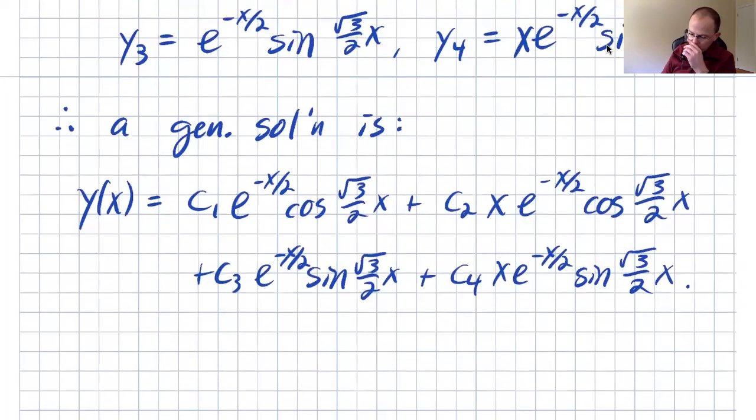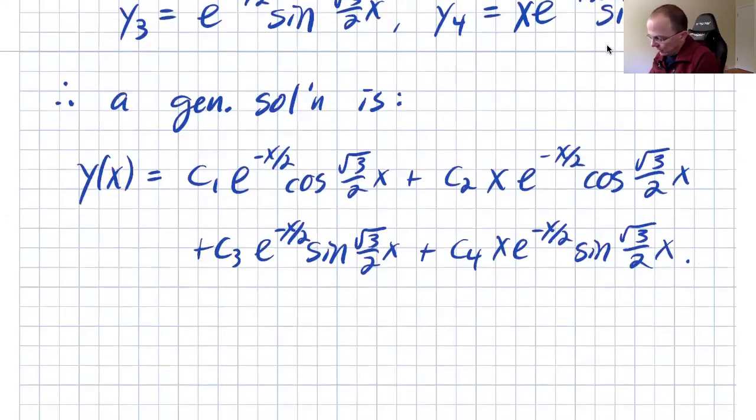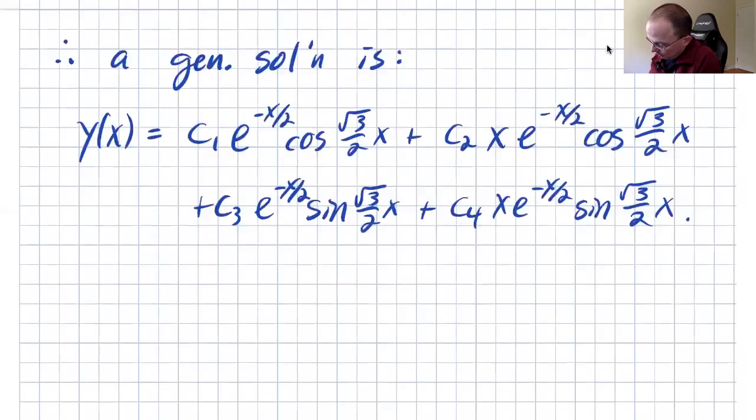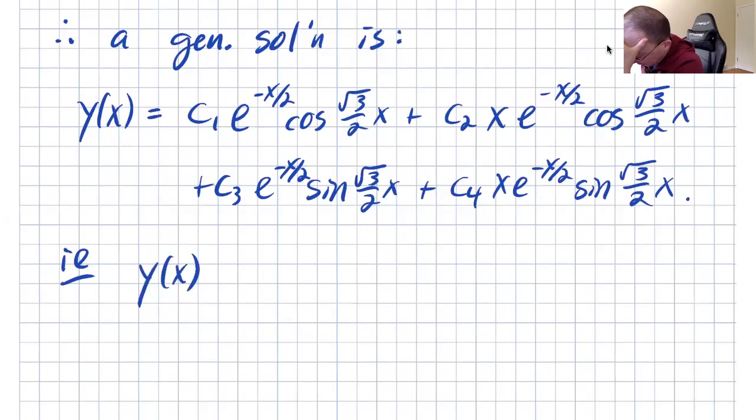And of course, it might be nice to rewrite this. Why don't we do that? Another way to write this that's a little bit more compact would be the following. First of all, there's an e to the negative x over 2 everywhere, so I can factor that out.